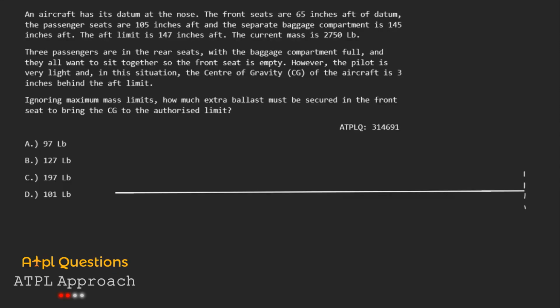So 65 inches will be the front seats. 105 inches are the passenger seats, so I'll call that PS. And the baggage compartment is 145 inches, so I'll call that BC. And I'll put on those measurements.